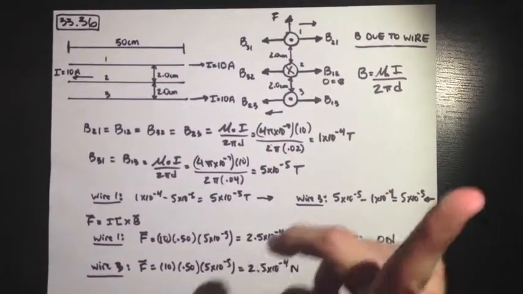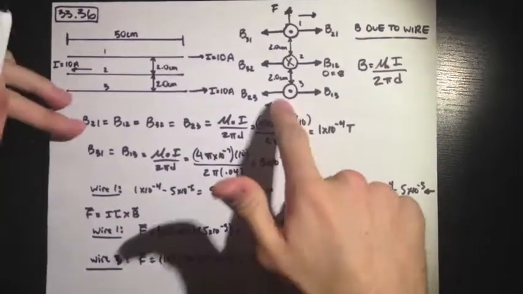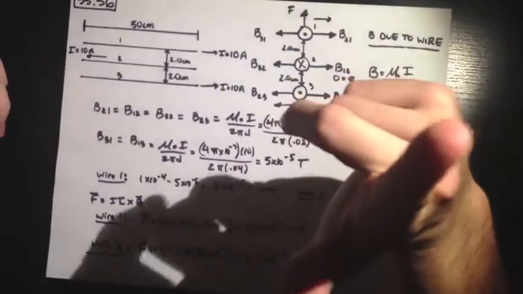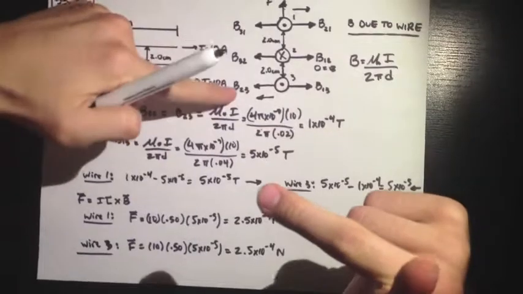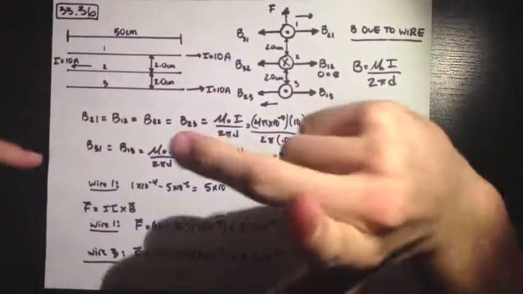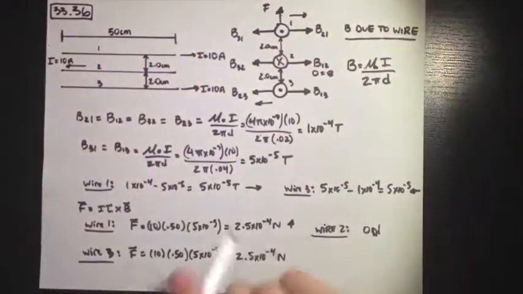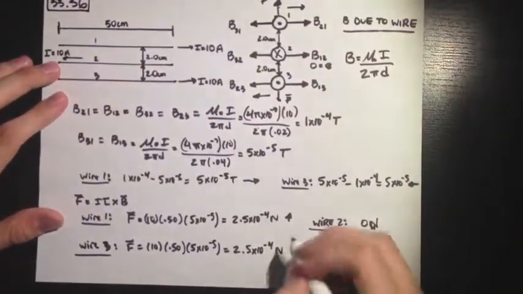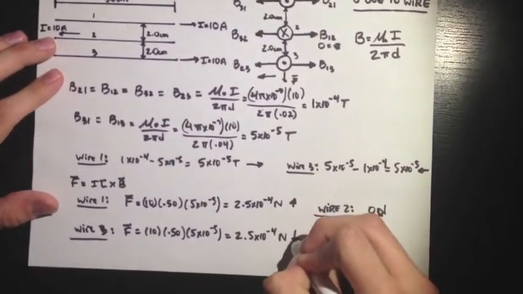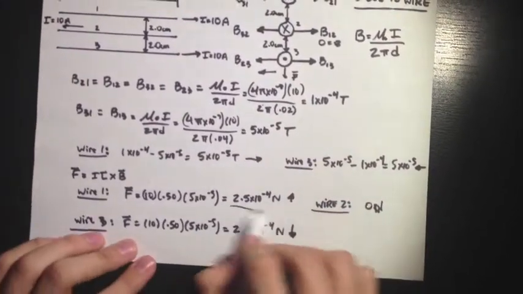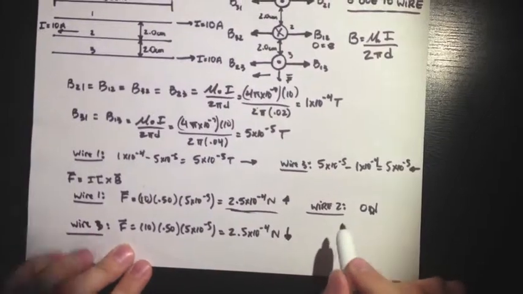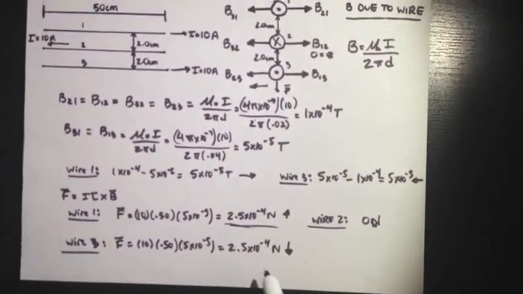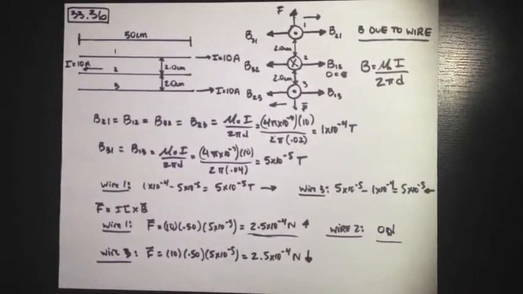So our index finger is in the direction of the current or length, which is straight up, and the net magnetic field is to the left, so we've got up and to the left, and our thumb points down. So the force here is down. So there are your 3 answers. It's 2.5 times 10 to the negative 4 newtons up for wire 1, the same for wire 3 but down, and 0 for wire 2. Thanks.